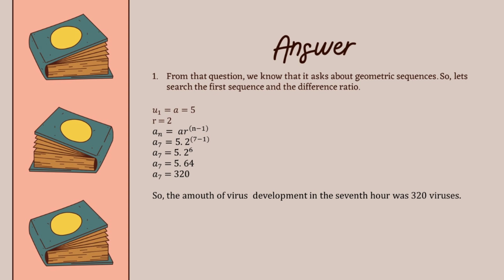A sub 7 equals 5 times 2 to the power of 6. A sub 7 equals 5 times 64. A sub 7 equals 320. So the amount of virus development in the 7th hour was 320 viruses.